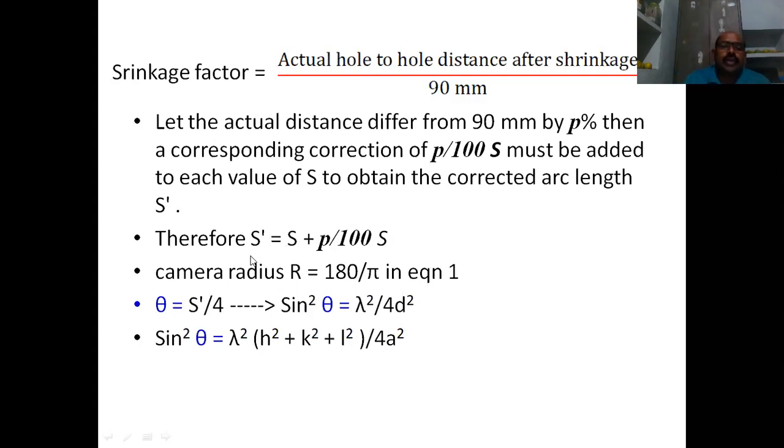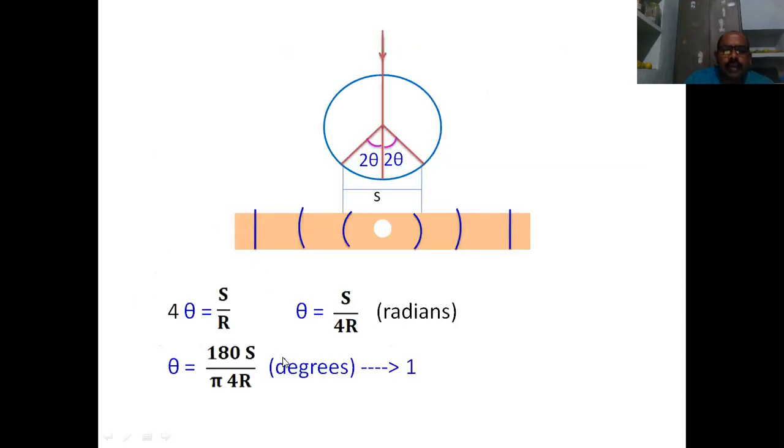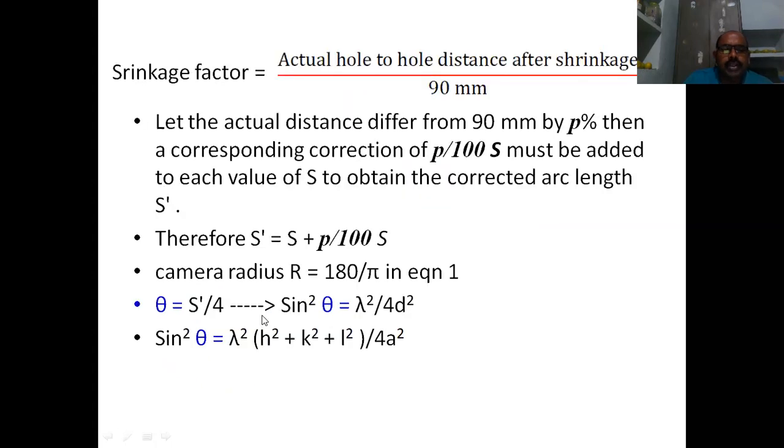So if it is S dash, it was our equation 1. Here we are using a camera of radius 180 by pi. So we write R is equal to 180 by pi and S is equal to S dash. Then the equation becomes theta is equal to S dash by 4.